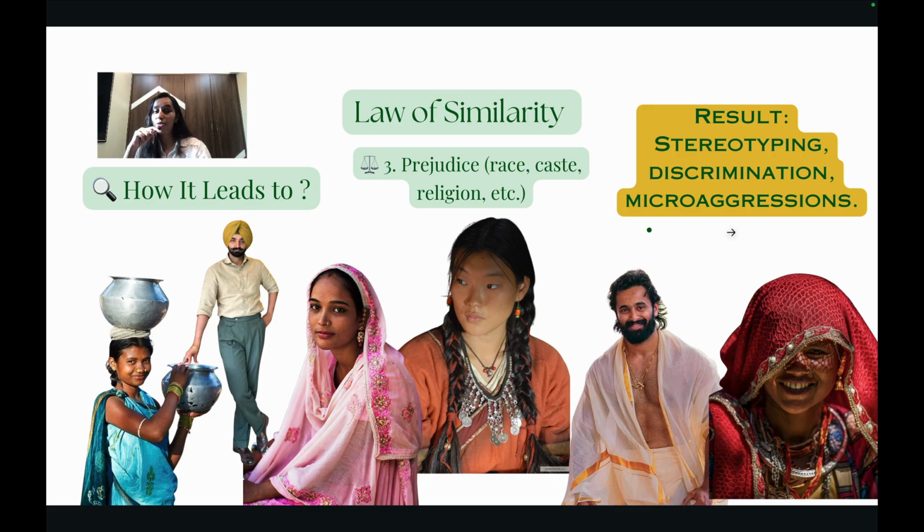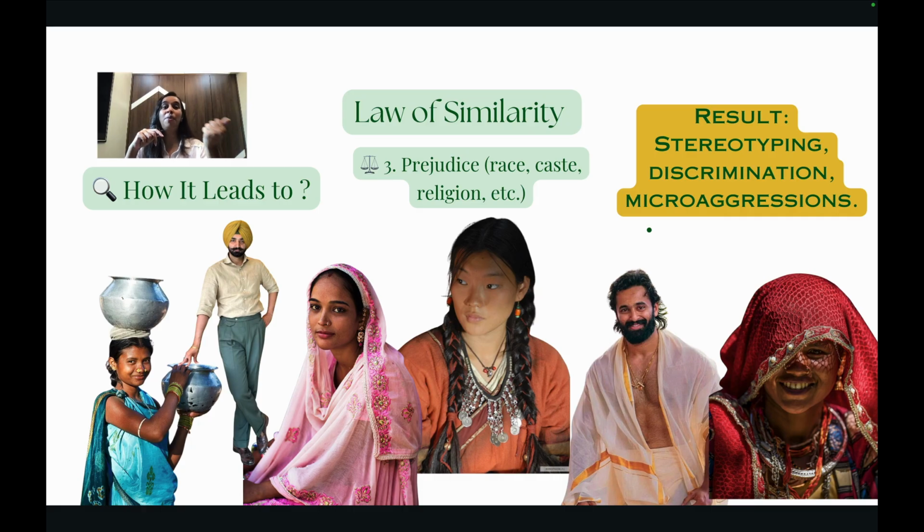So this leads us to more stereotype behavior, more discrimination, and sometimes even microaggressions. What I mean by microaggressions is we unknowingly treat them unfairly or treat them with too much attention. So it could be unfair or very fair with them, where, say, if someone is from a very higher caste in your eyes, like Brahmins, we might treat them as very elite.